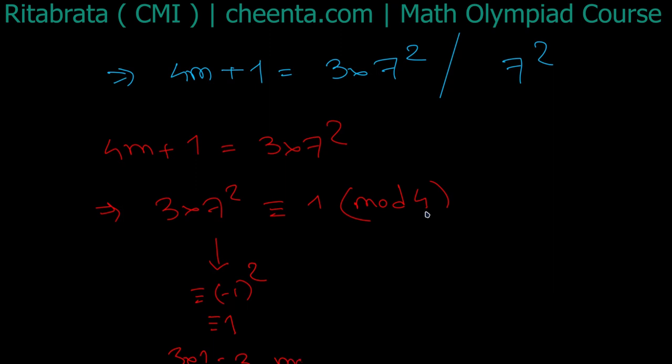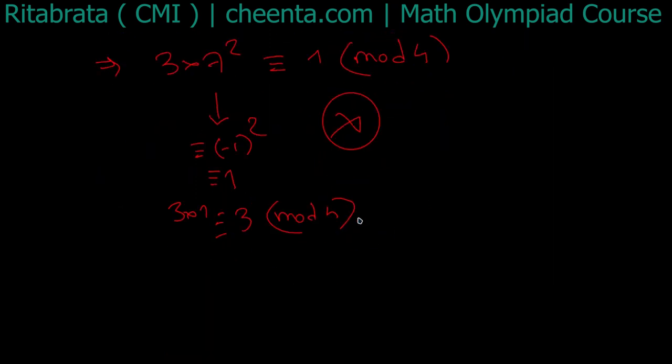And 3 is not congruent to 1 mod 4. So this has no solution. So 3 into 7 square is not possible. So the only possible solution is 4m plus 1 equal to 7 square, that is 49. So 4m is 48, so m equal to 12.